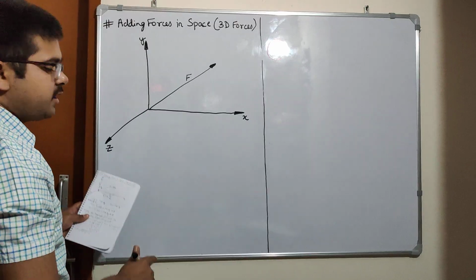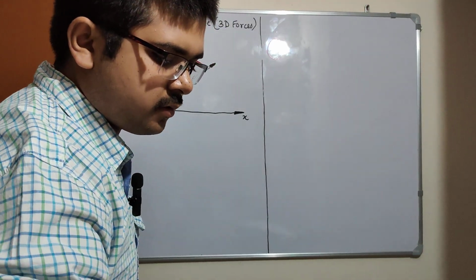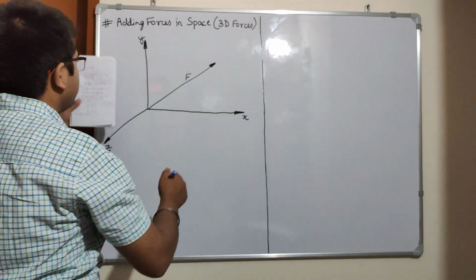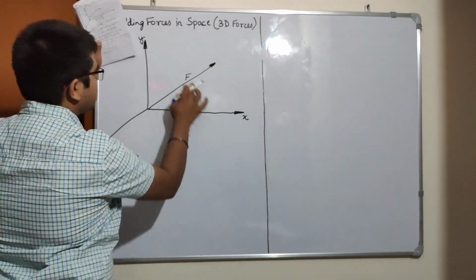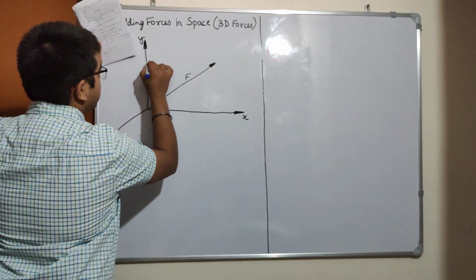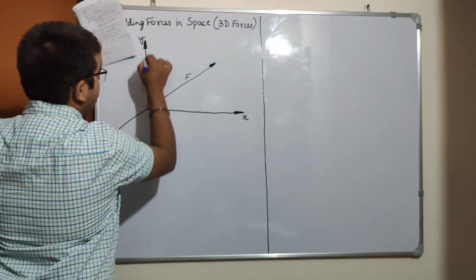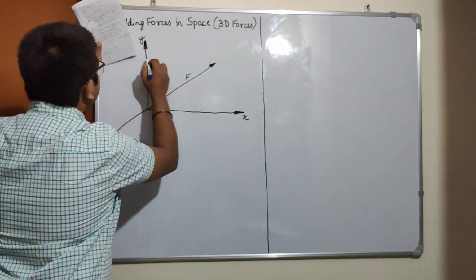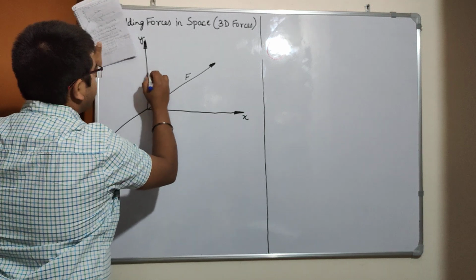Now if I make a line here parallel to x-axis and touching the y-axis, then that would be the Fy component.